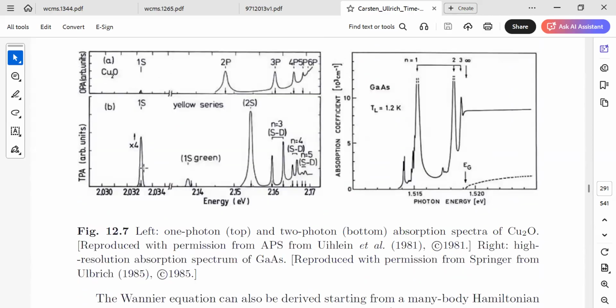One photon on top and two photon at the bottom: absorption spectrum of Cu2O. And this is the high resolution absorption spectrum of gallium arsenide.